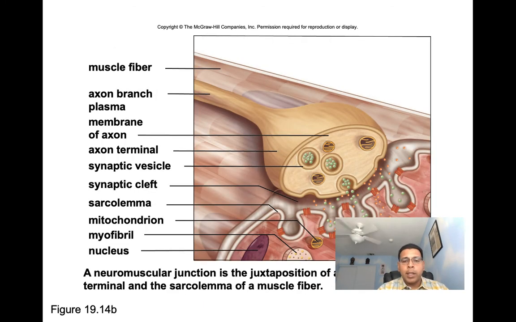Basically, we're going to see that when an action potential, a nerve impulse, travels along our nerve, it's going to excite the end of our nerve, which contains neurotransmitters. The neurotransmitters are going to get released, and those neurotransmitters are going to bind to receptors on the muscle's membrane.